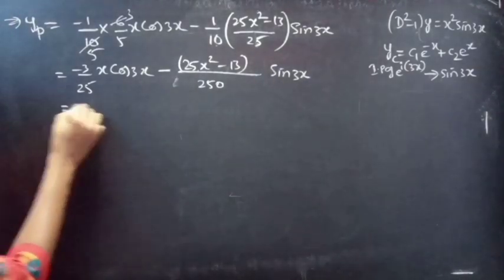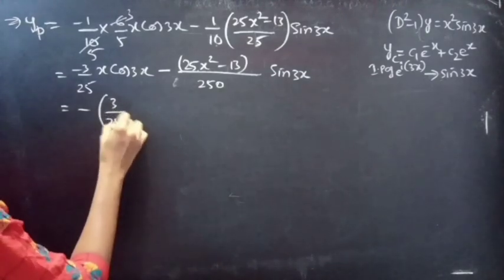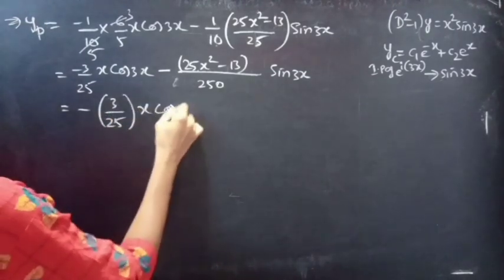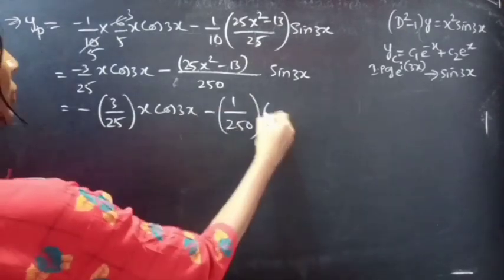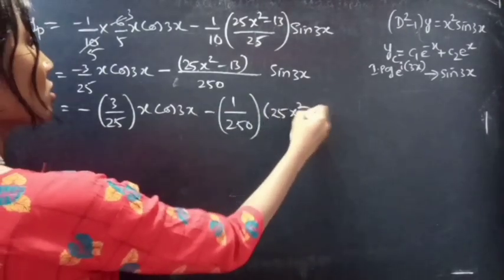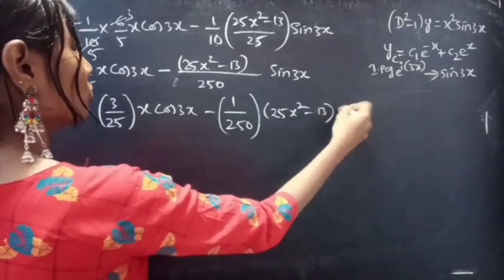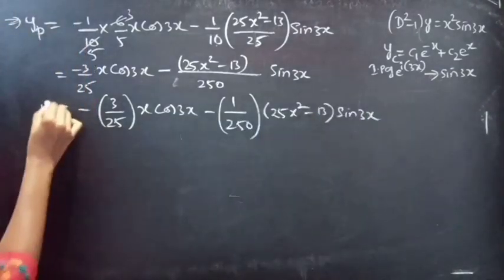We can write this as minus 3 by 25 into x cos 3x minus 1 by 250 into 25x square minus 13 into sin 3x. This is the required yp.